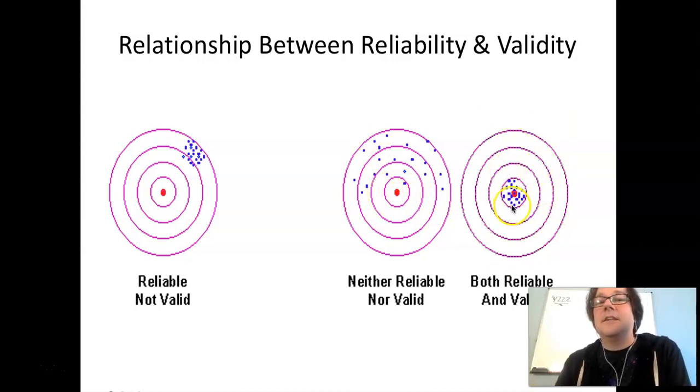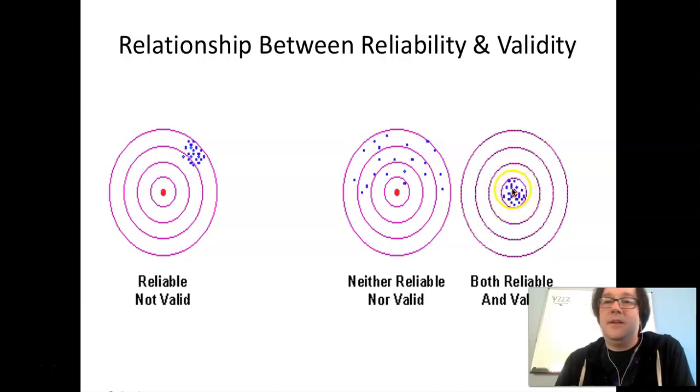This last example is where we want to be. This is where we're both valid and reliable, right? So we're all right around that bullseye. So we're measuring what we say we're measuring, and the scores are all pretty consistent, right? They're all right in there.